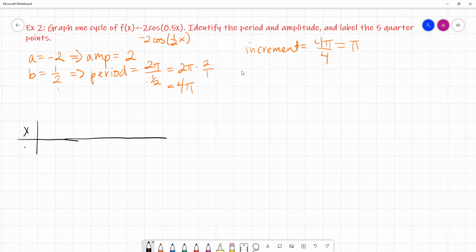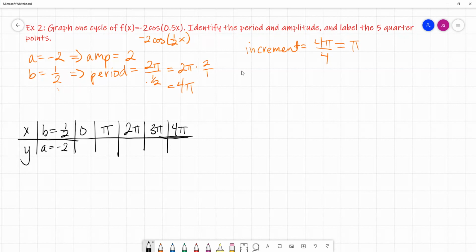So our x and y. Our b is 1/2, and so that's going to influence our x values because now my increment is different from the original. So 0, pi, 2 pi, 3 pi, and then 4 pi. Nice and easy, right? And then a is -2, so I multiply all my original values by -2.